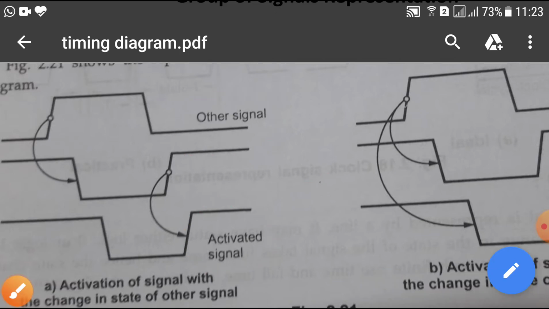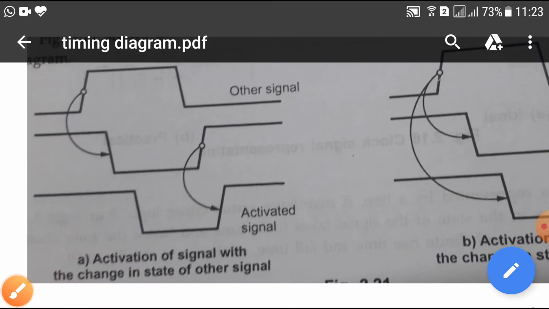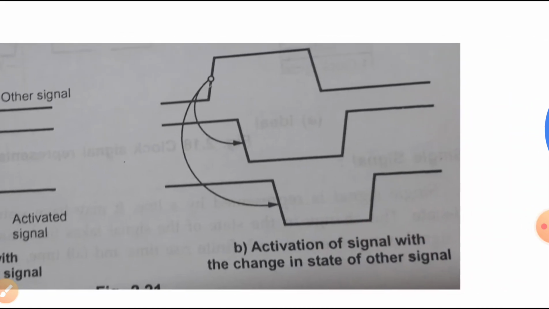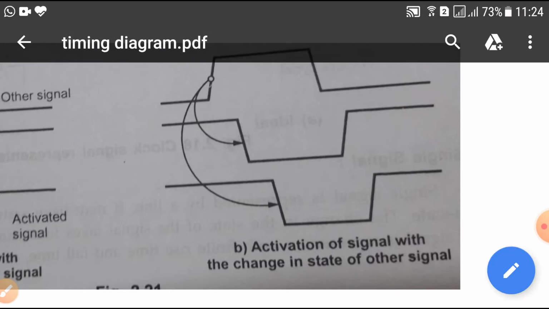What we try to find out is how the activation of the signal with the change of state of the other signal is done. This is being changed, so it is going to change this, and this is going to change, so this is going to change this. The second one is the activation of a signal with the change in the state of other signals. In this case, this is going to make changes in the two signals.